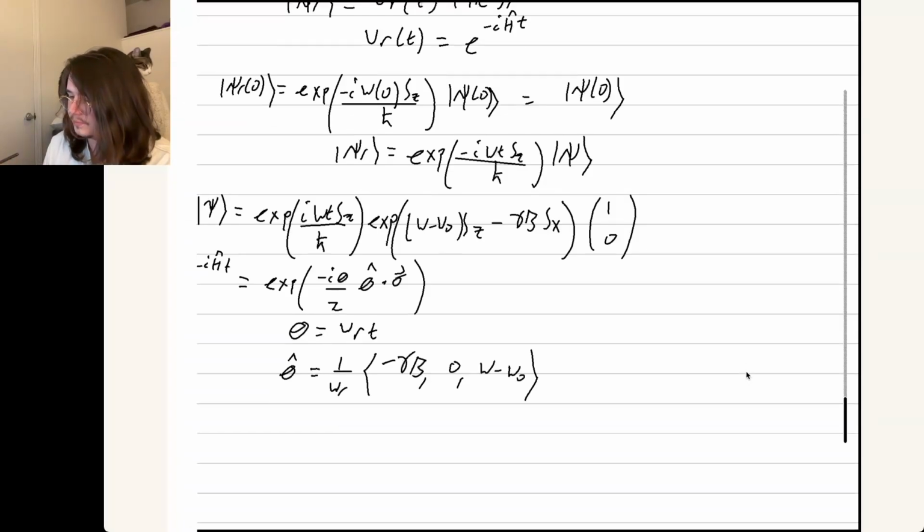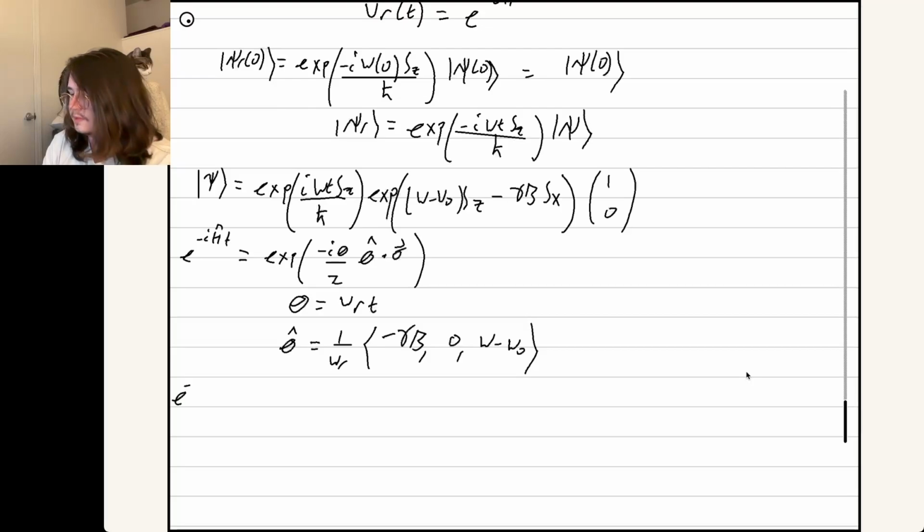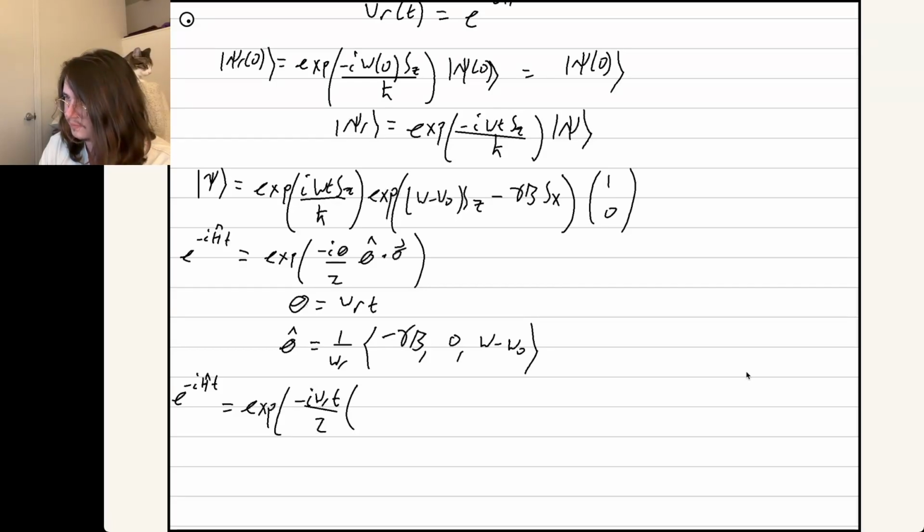So we can rewrite e to the minus I H t as being the exponent of minus I omega r t over 2. And then we have this dot product term. So we'll have minus gamma B sigma x over omega r, and then plus omega minus omega naught over omega r sigma z.